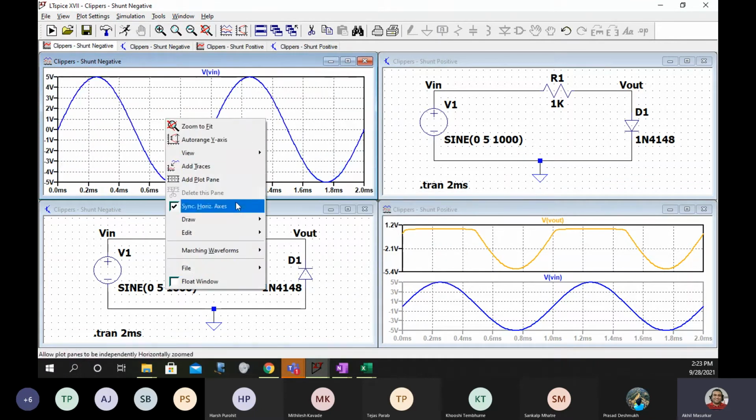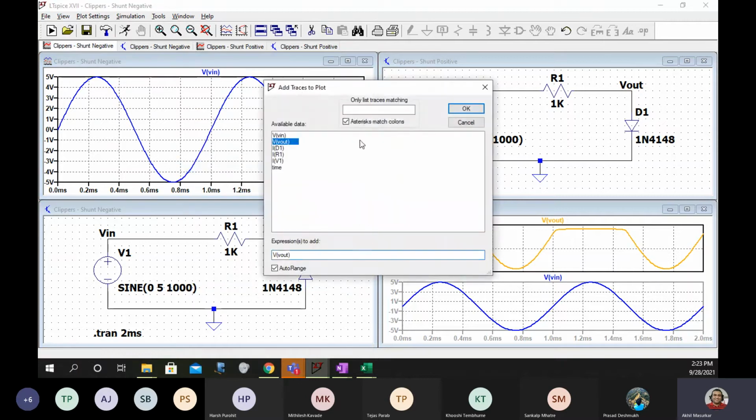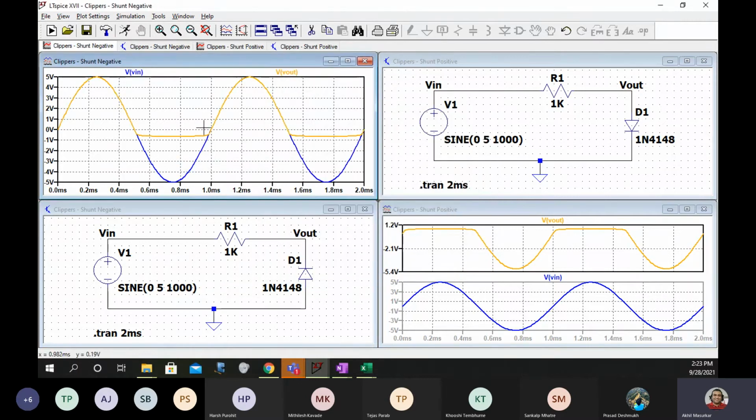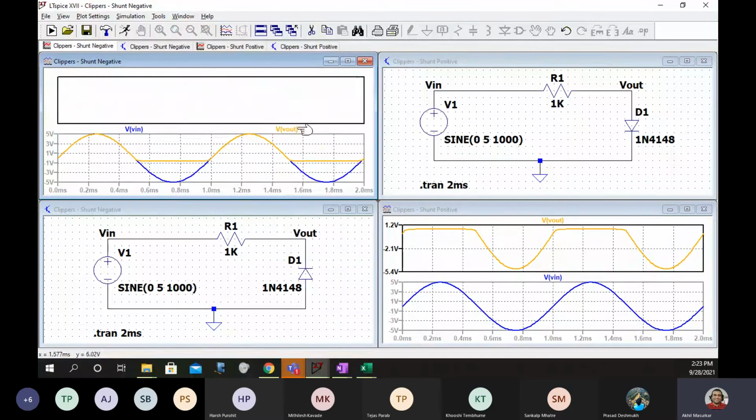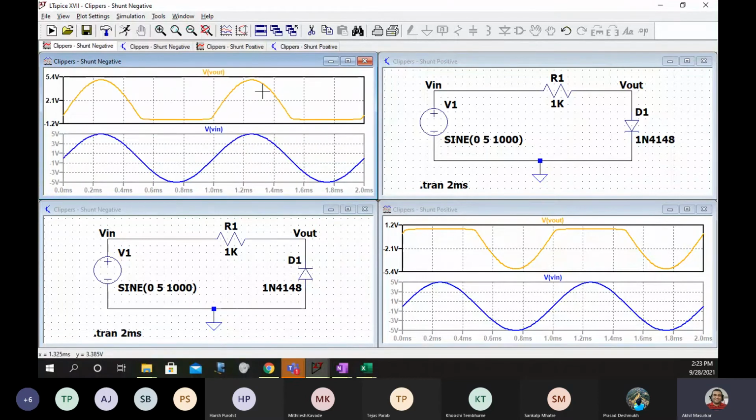Your graph is like this now. The graph is looking somewhat like this, correct? Yes, sir. So now what you do is you right click on this, say add plot plane, and just drag and drop this V out in this upper plane. Okay, sir.